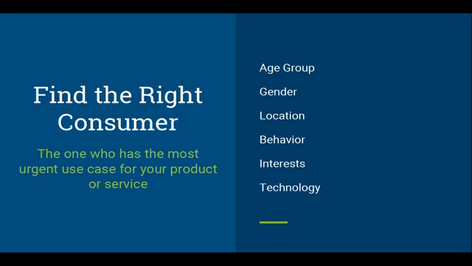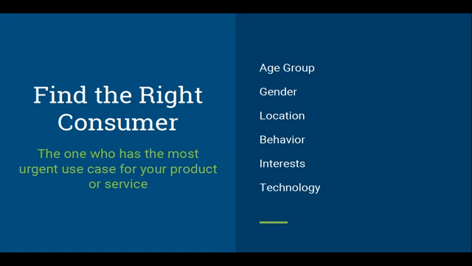The last thing you have to define is technology. What kind of technology are they using? As we saw, marketing is essentially trying to reach the right consumer through mediums and platforms. Understanding the technology your right consumer uses will help you answer which media and which platform.